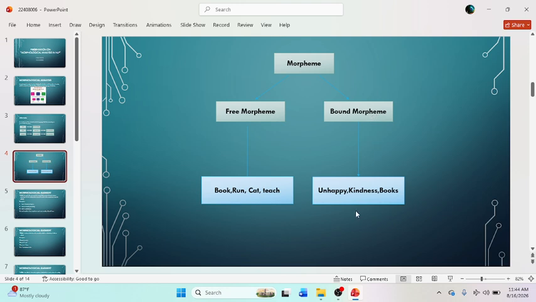It must be attached to another morpheme. For example, unhappy: if I divide it, it is un plus happy. Kindness is kind plus ness. Books is book plus s. So the main difference is that a free morpheme can stand alone, like book, but a bound morpheme cannot stand alone.